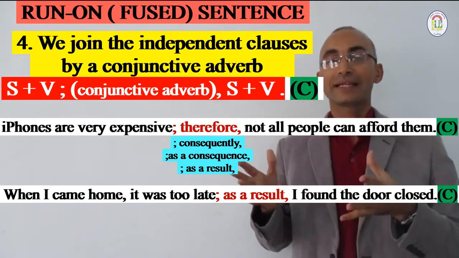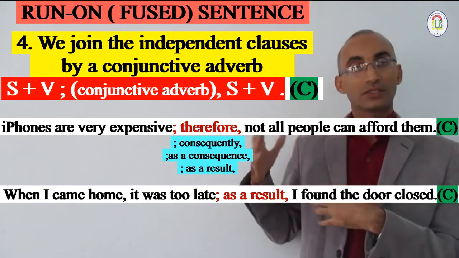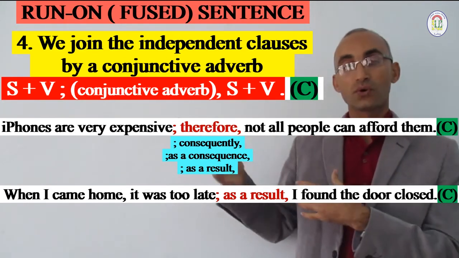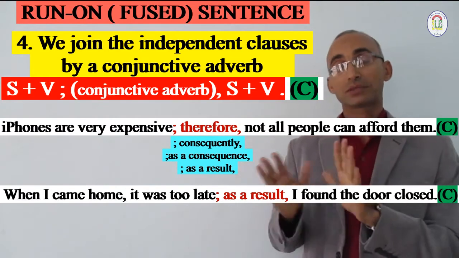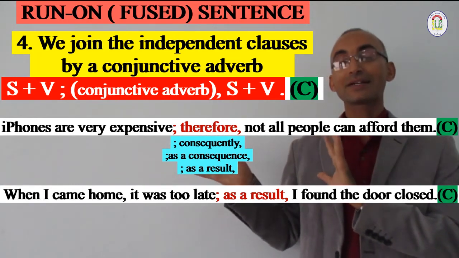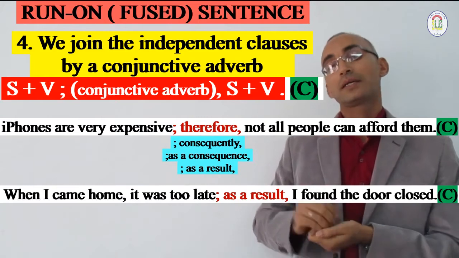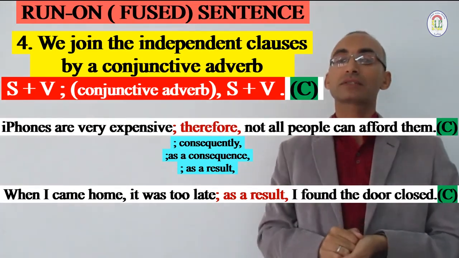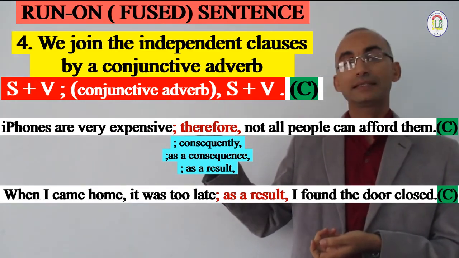Clear? So, until now, through these four ways of correction, we have corrected this run-on sentence or fused sentence using mainly the markers of the compound sentence. I mean in ways number 2, 3, and 4.